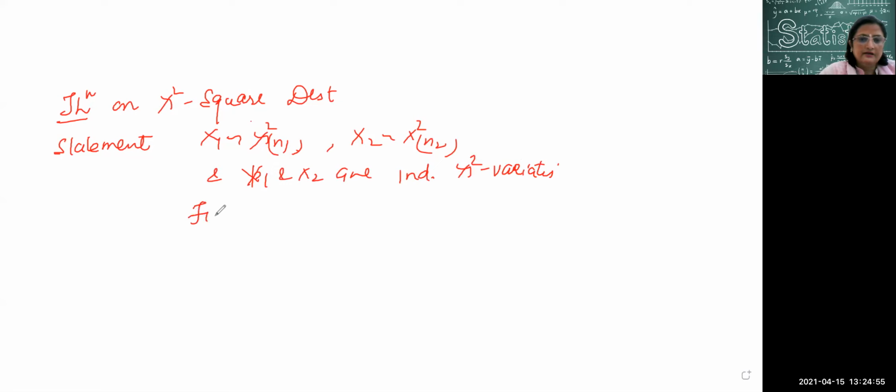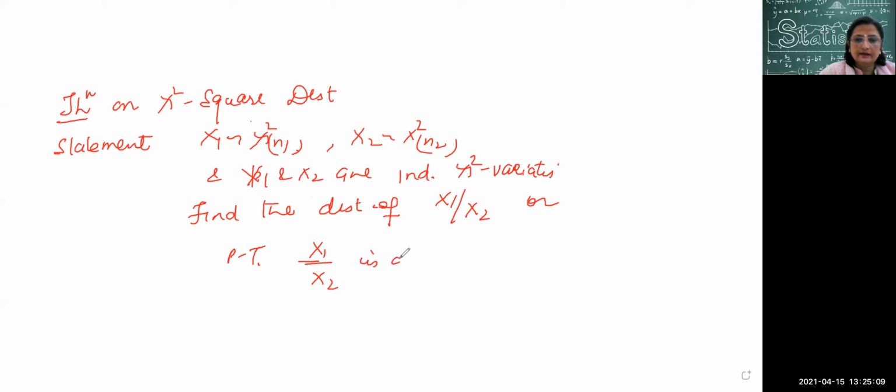Then find the distribution of the variate x1 by x2, or prove that x1 upon x2 is a beta distribution of the second kind with parameters n1 by 2 and n2 by 2. So this we want to prove.